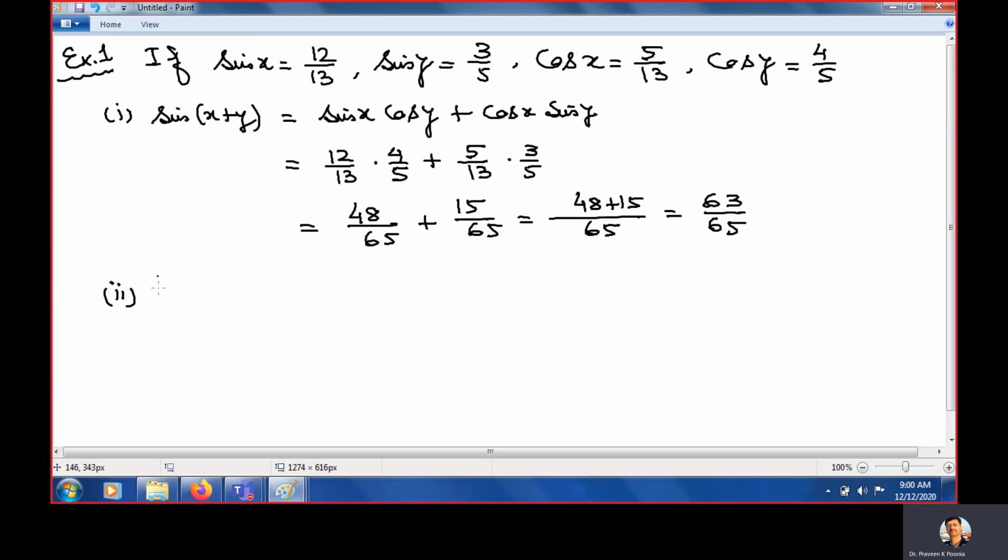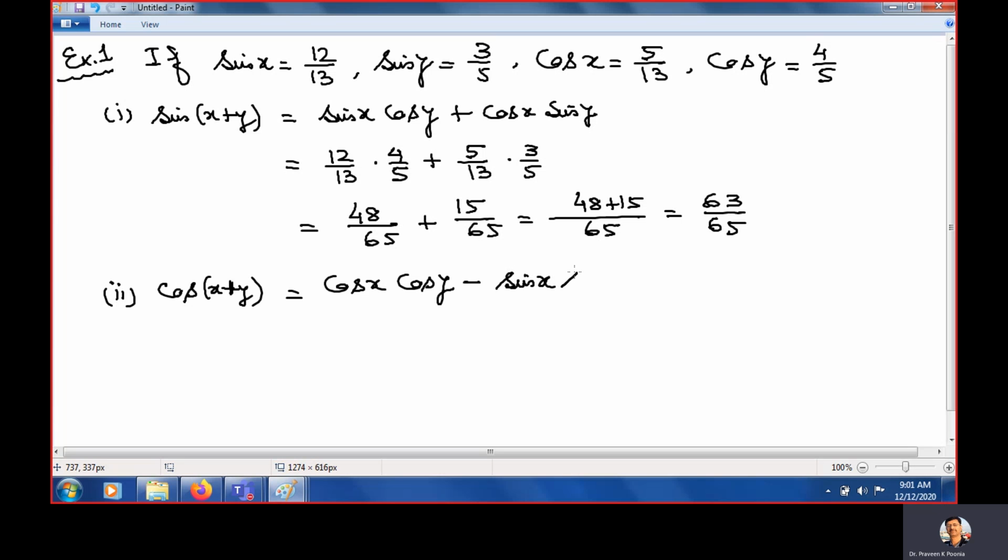And if we want to find the value of cos x plus y, the formula is cos x cos y minus sin x sin y. In cosine the sign is always reversed. If here is plus, cosine will be minus. If here is minus, cosine will be plus.